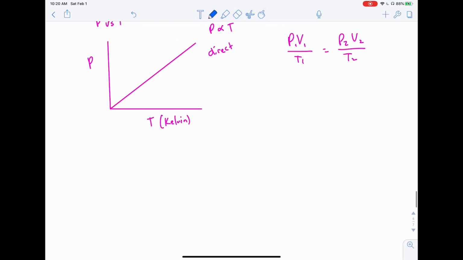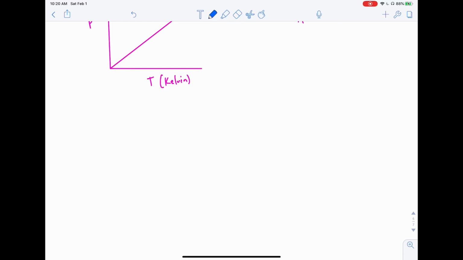Here's the trick. Let's say we have a temperature of 400 Kelvin, and we have a pressure of 200 kPa and a volume of 10 decimeters cubed. And we want to know our second temperature.